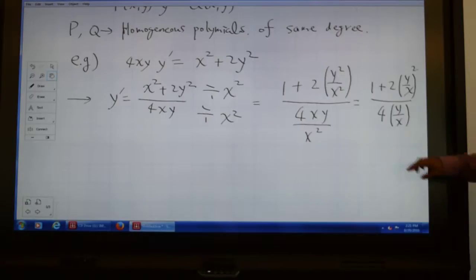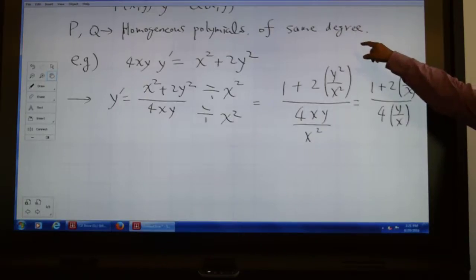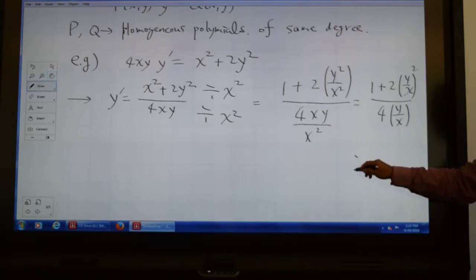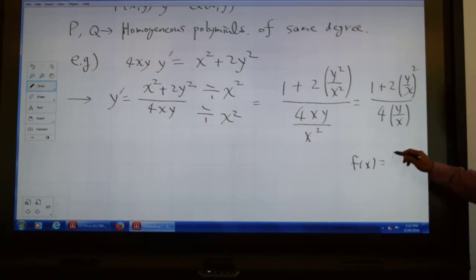And as you can see, you've turned the original homogeneous differential equation into a differential equation which is a function of y over x. Okay. So this right side looks like if you had f of x equal to 1 plus 2x squared over 4x.